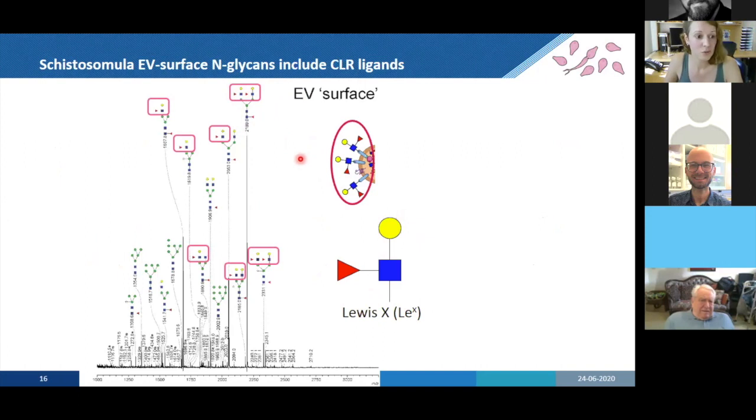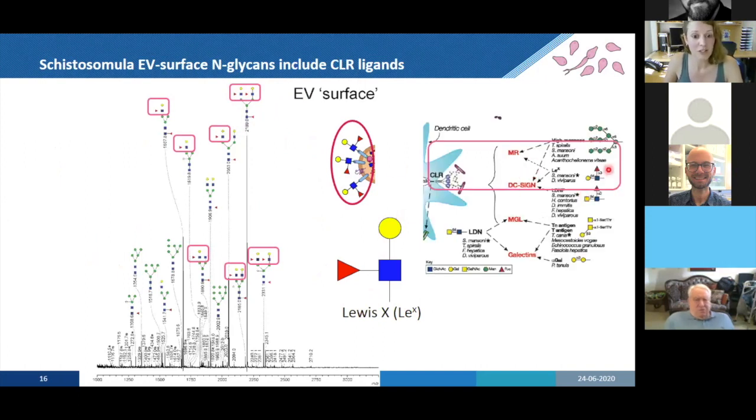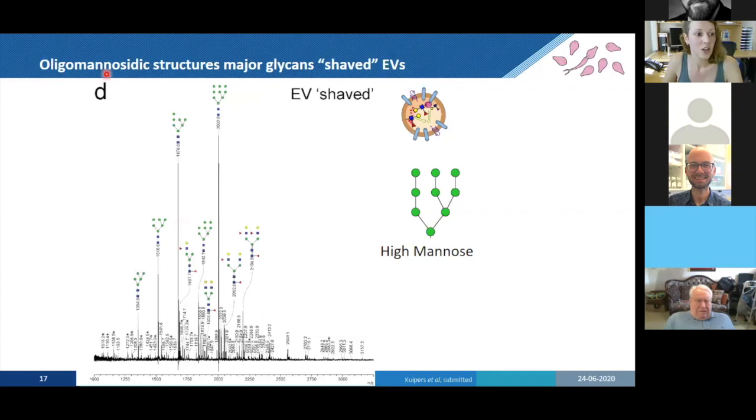And it is known to be able to bind and be recognized by DC-SIGN and the mannose receptor. On the inside, we mainly find oligomannose structures. So this really seems to be a different glycan profile depending on whether it's on the surface or on the inside of the EVs.